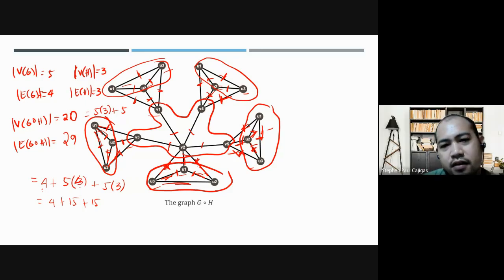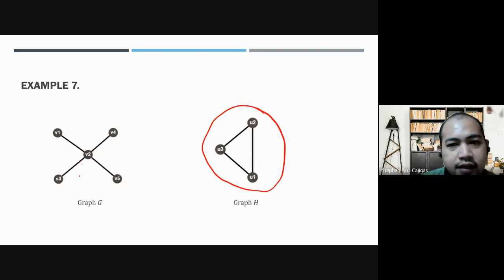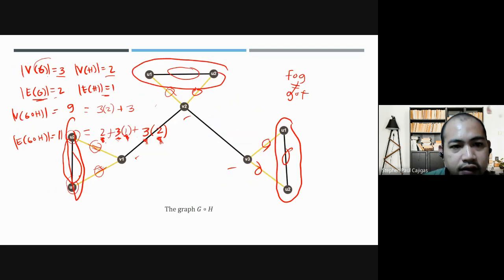That is our formula: this 2 is the original edge, 3 is the number of vertices, then 1 is the number of edges of the second graph. Then 3 is the number of vertices times the number of vertices again of the second graph.